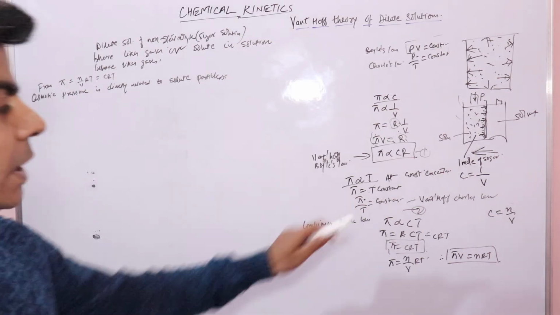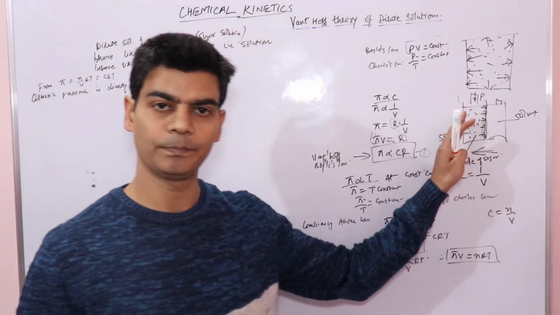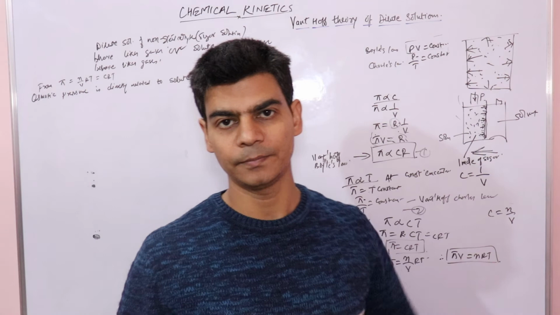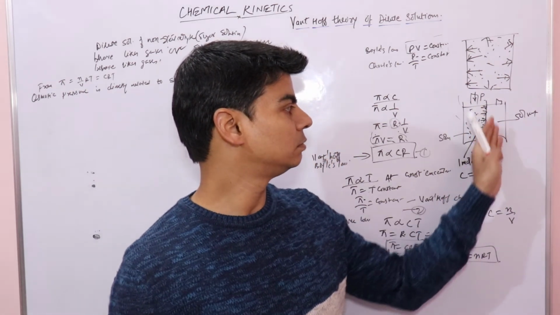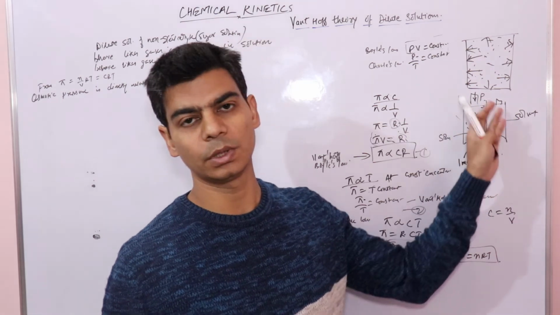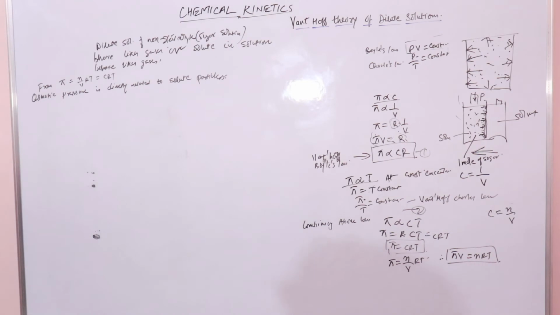The one thing that we said in the beginning is that the solute particles in the solution behave the same as gases, right? So if it were a gas in place of this solute, it would exert the same pressure at the same temperature, right?